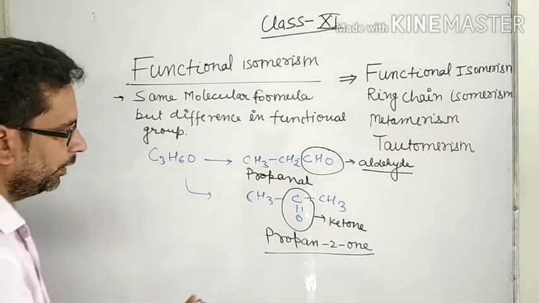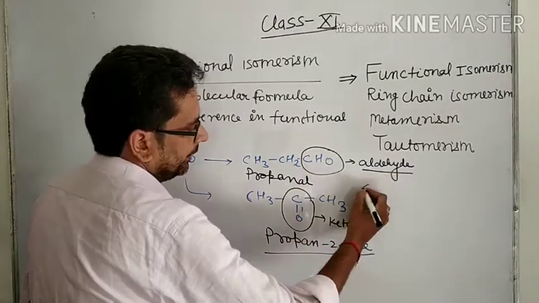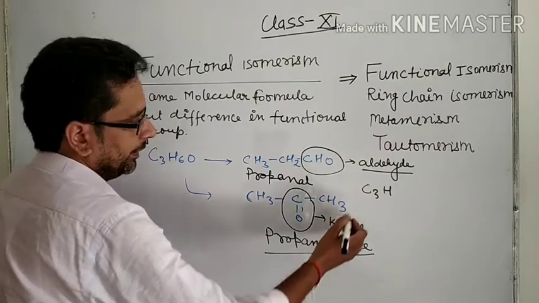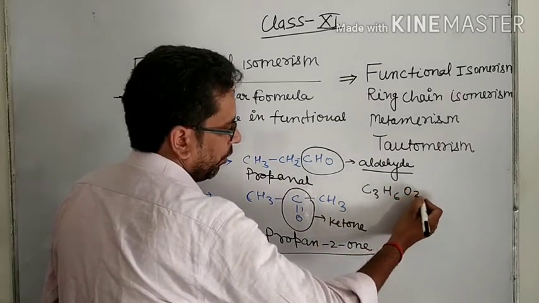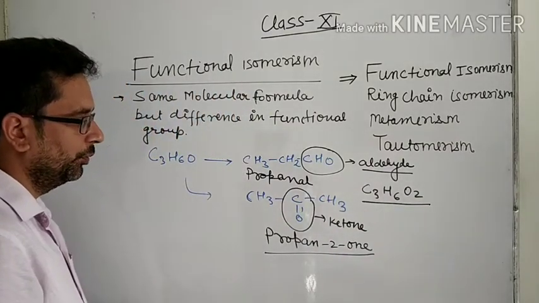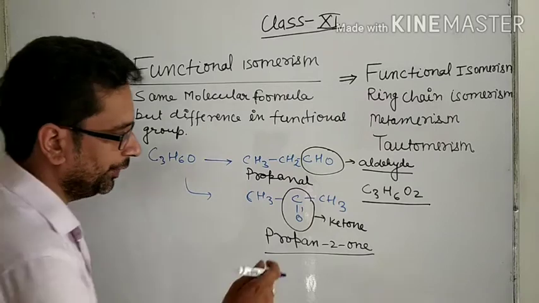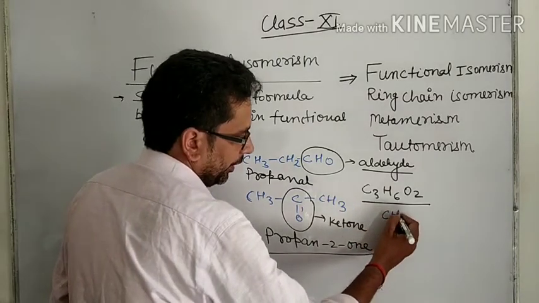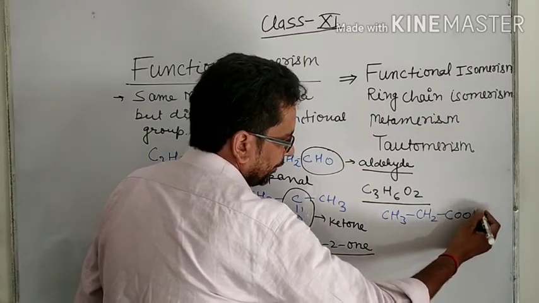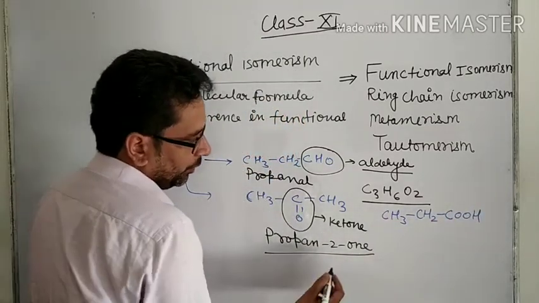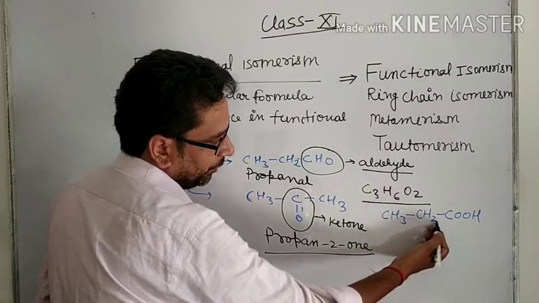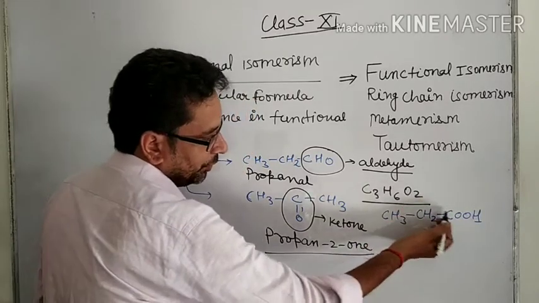Now look here, C3H6O2. Now I am going to draw the first structure, CH3CH2COOH. Calculate the total number of carbon: 1, 2 and 3; hydrogen: 3 plus 2 is 5, plus 1 is 6; oxygen 2.